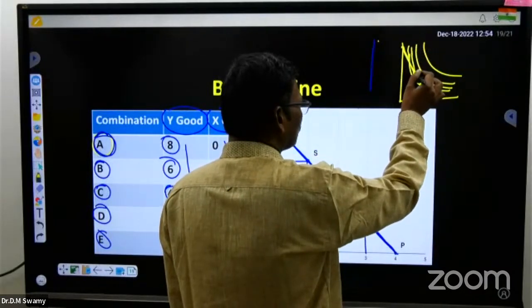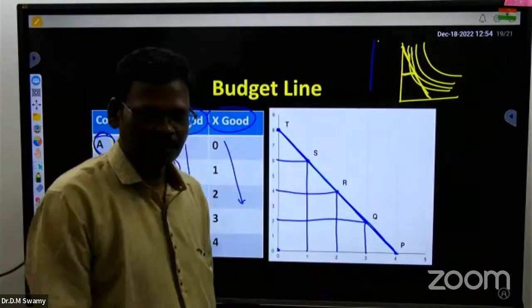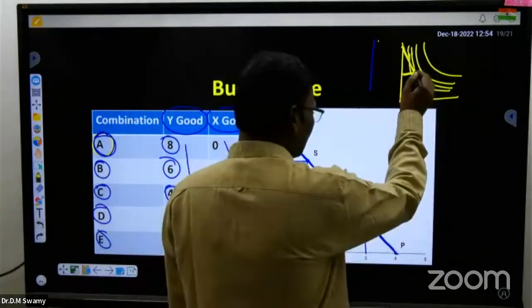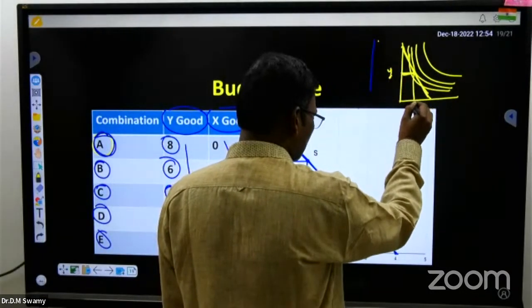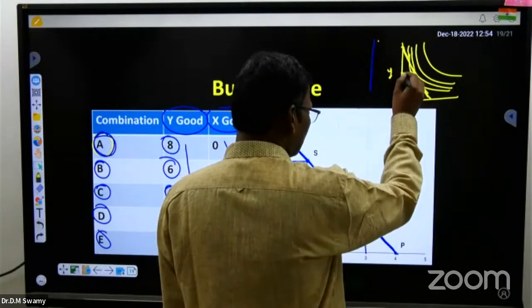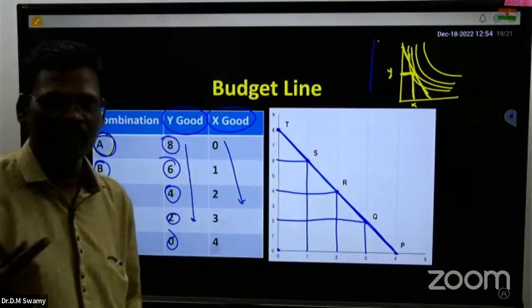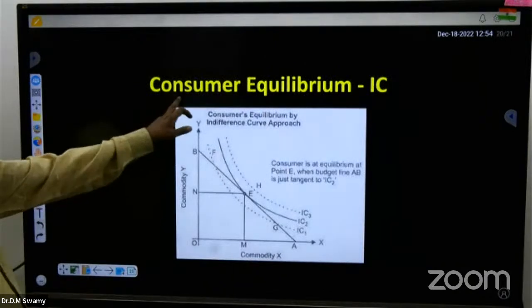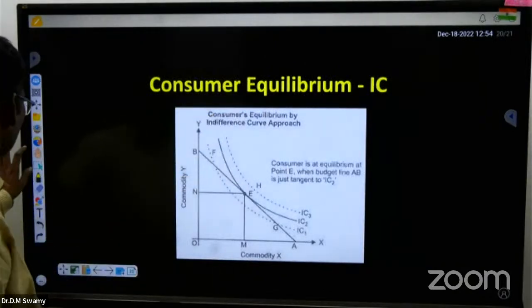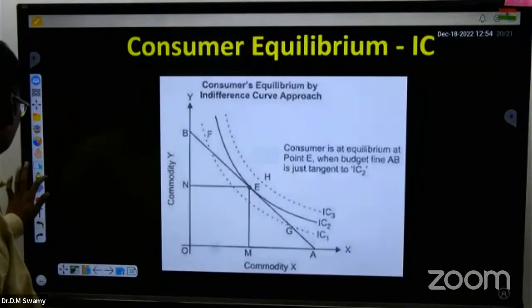It touches here. Where the budget line touches the indifference curve, there the consumer will get equilibrium by consuming this much of X and this much of Y. That is called consumer equilibrium in indifference curve analysis.